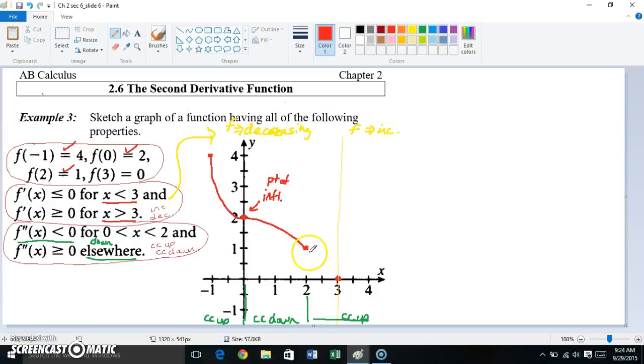All right, I'm going to look between 2 and 3. I'm still decreasing, but concave up. Again, this is a point of inflection. And now at 3, we have to change from decreasing to increasing, still concave up. Okay? So there's a picture of the f of x graph.